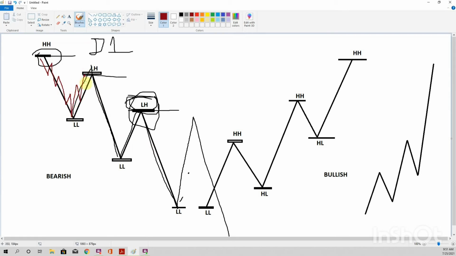There's a fractal nature of market structure on a lower time frame. So the same thing you see on the daily is the same thing you're going to see on the 4 hour. Of course, the market structure won't be the same, but the idea of structure will be visible even on the 4 hour.